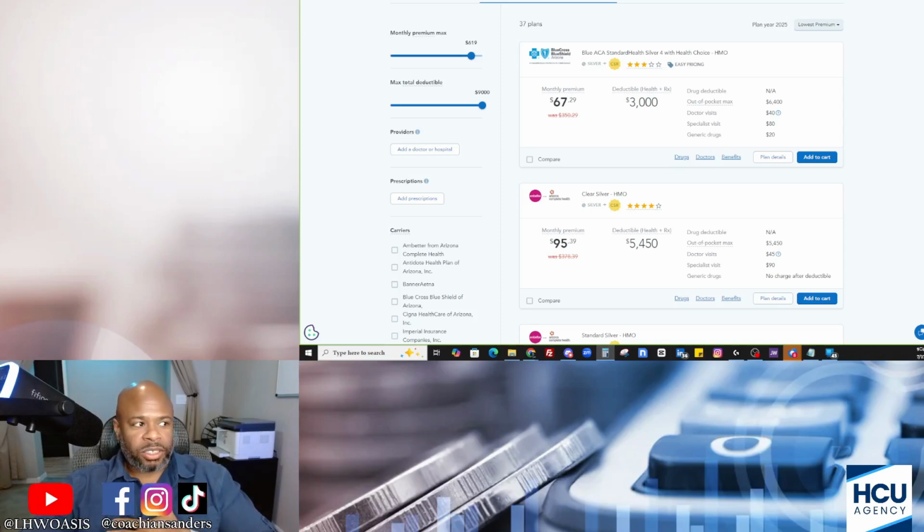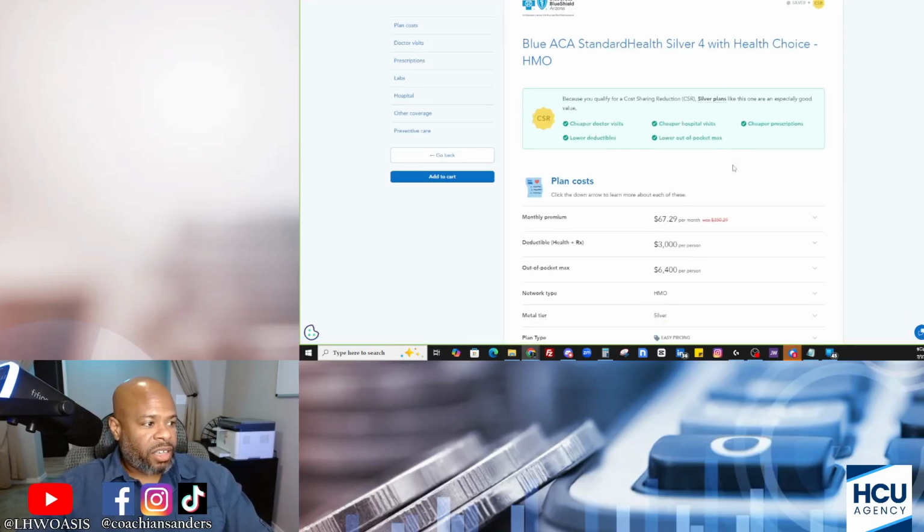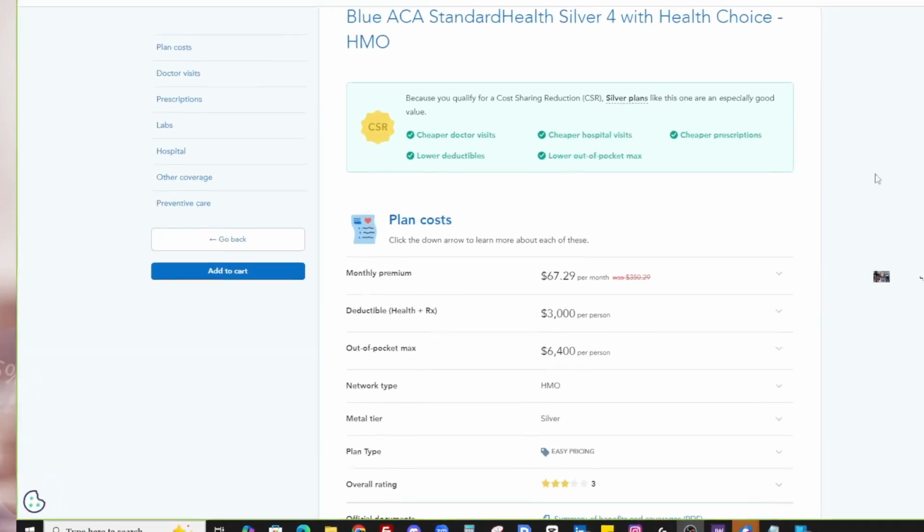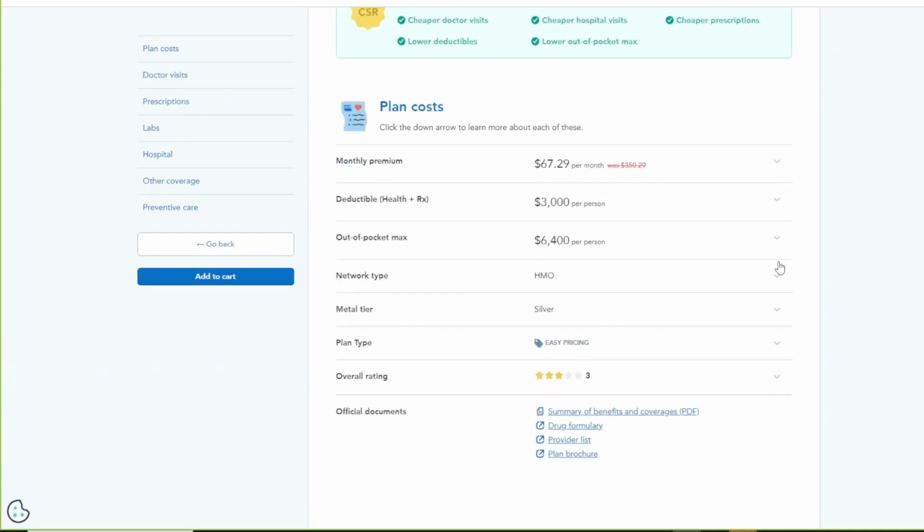That's my main concern. So in the conversation, the way that this would come up would be, okay, so we'll just say Mr. Smith. So Mr. Smith, we have a Blue Cross Blue Shield plan here. It's $67.29. The way that this plan works is, and let me make this a little bigger for you guys here, you have a $3,000 deductible and an out-of-pocket maximum of $6,400.